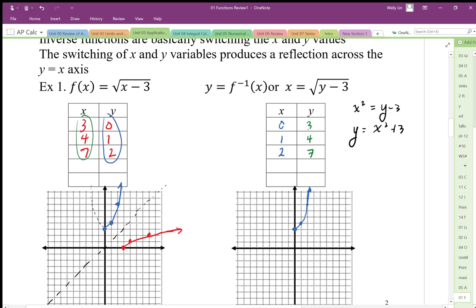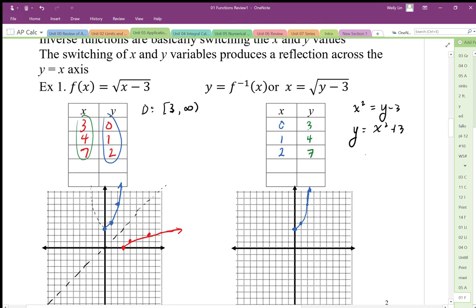So it's important when we're doing inverse that we not only switch x and y variables, we also have to switch domain and range. So here the domain of this function was from 3 to infinity, from x is 3.